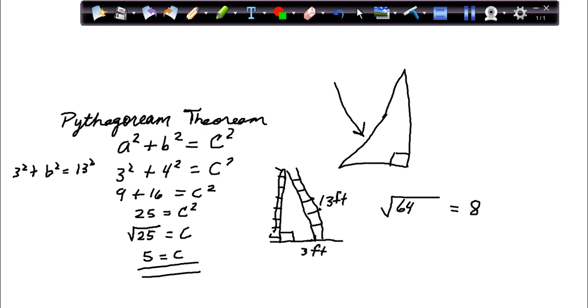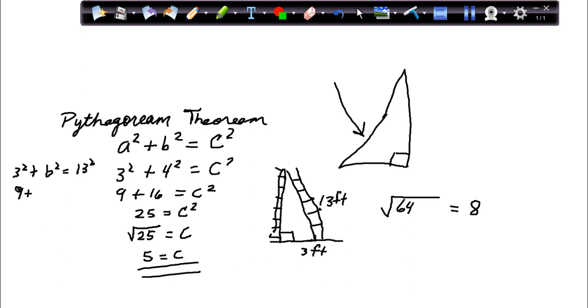Now, they want to know how far up the wall the ladder will reach, to the nearest tenth of a foot. So when we go 3 squared plus b squared equals 13 squared, 3 times 3 is 9. That's where they're getting it from.